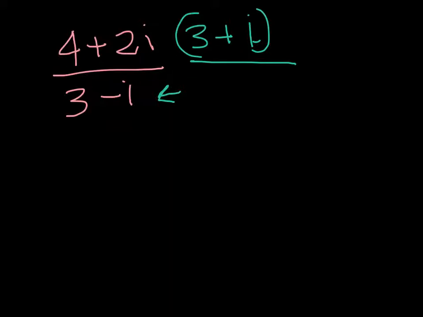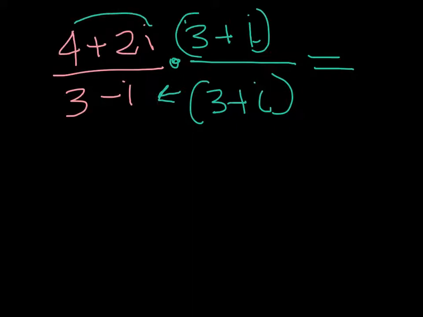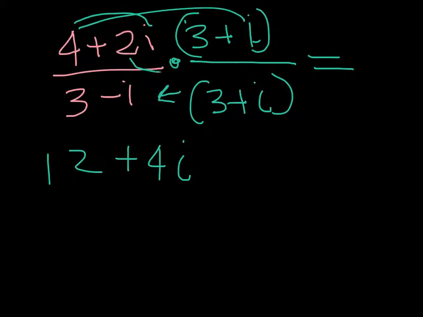That's going to get rid of this negative i from the bottom of the equation. Now we're going to have to FOIL these, and it'll be a much harder equation. So we're going to have 4 times 3 is 12, and then 4 times i is 4i, and then we're going to do 2i times 3, which is 6i, and 2i times i, which gets us 2i squared.